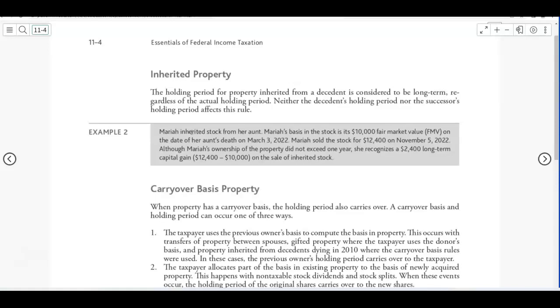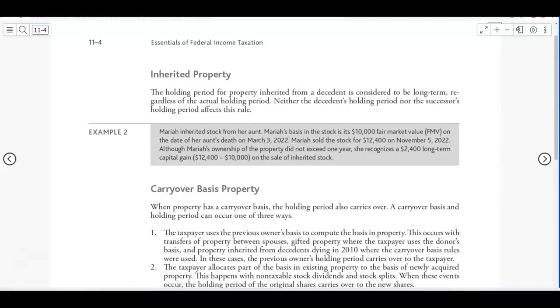So in this example, Mariah inherited stock from her aunt. Mariah's basis in the stock is its $10,000 fair market value on DOD. Remember DOD, date of death, on March 3rd of 2023. Okay, so fair market value is the basis on that date.